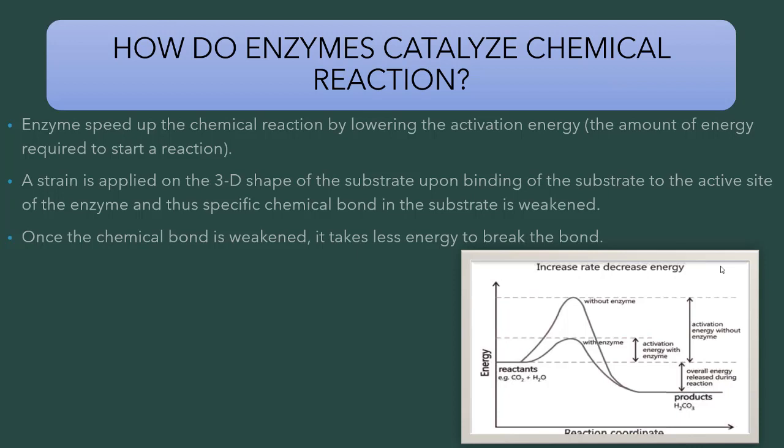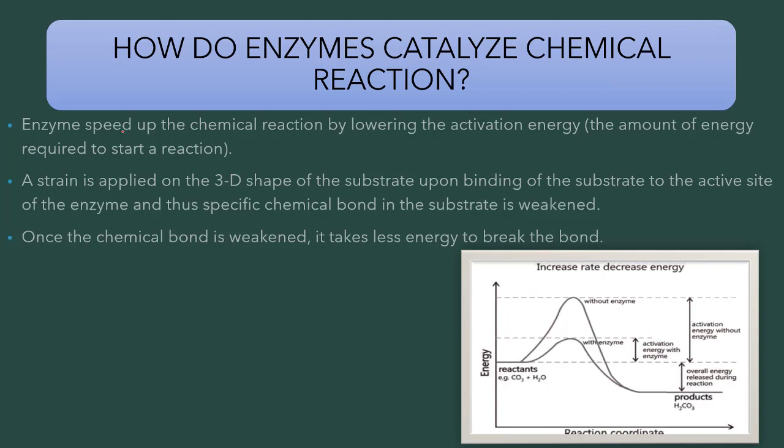Enzymes are biocatalysts. They help to increase the rate of biological reactions known as metabolic reactions. These enzymes have different sites for the attachment of substrate, and that site is known as what? Activation site.